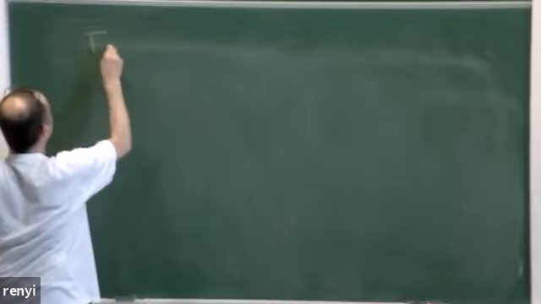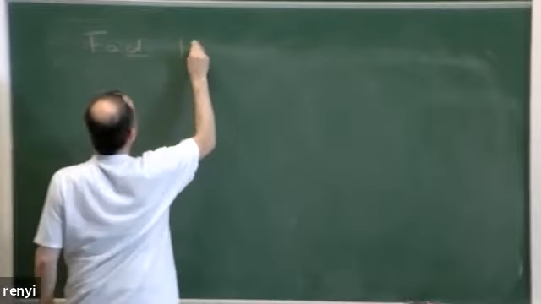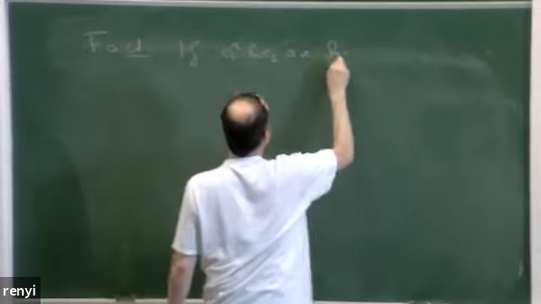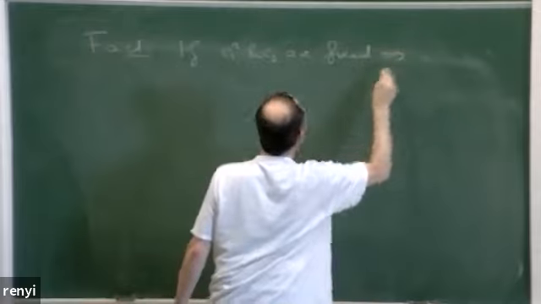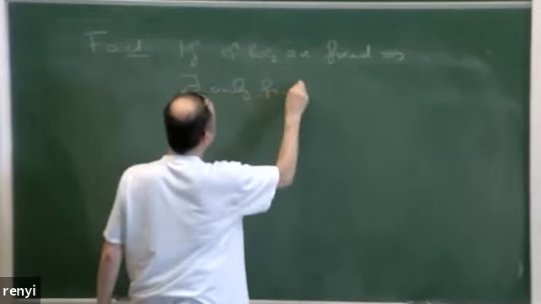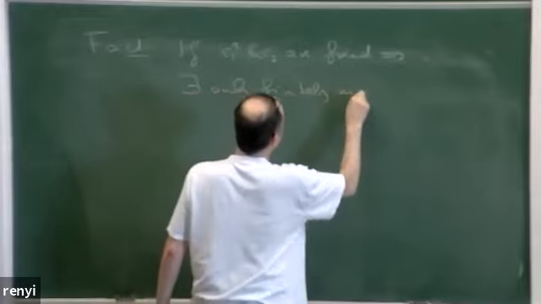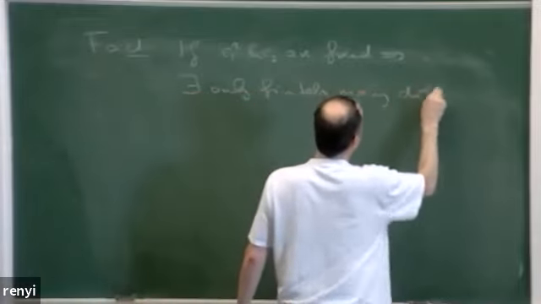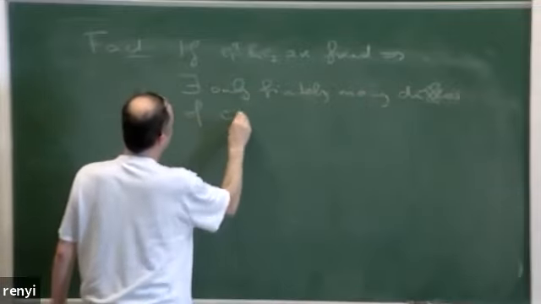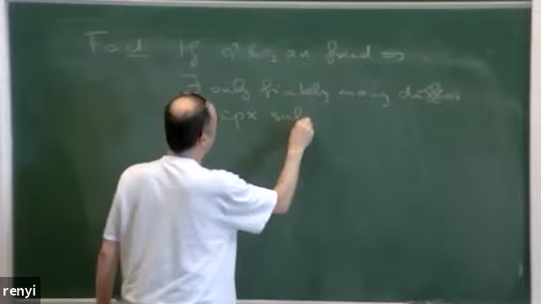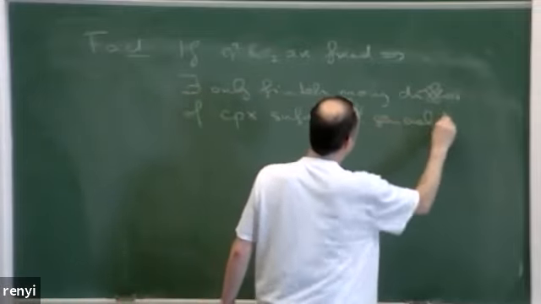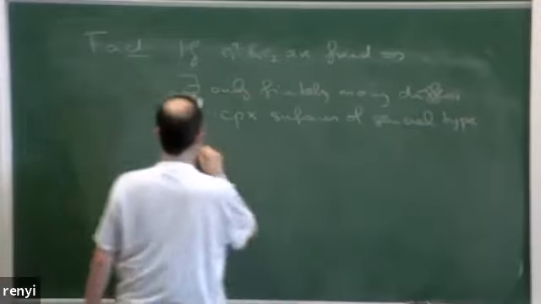Fact: if c1 squared and c2 are fixed, then there are only finitely many diffeomorphism types of complex surfaces of general type with the given c1 squared and c2.